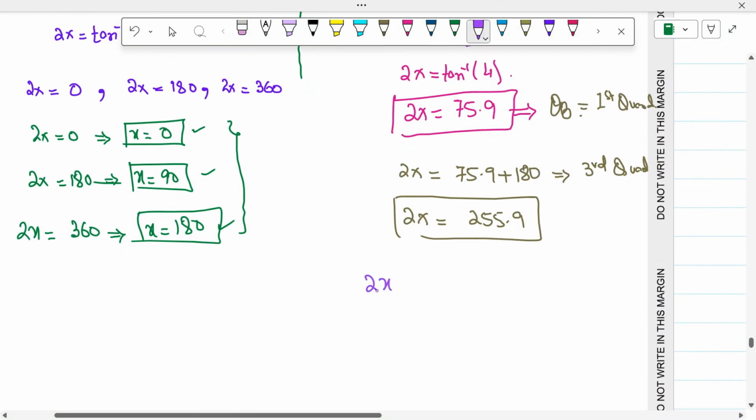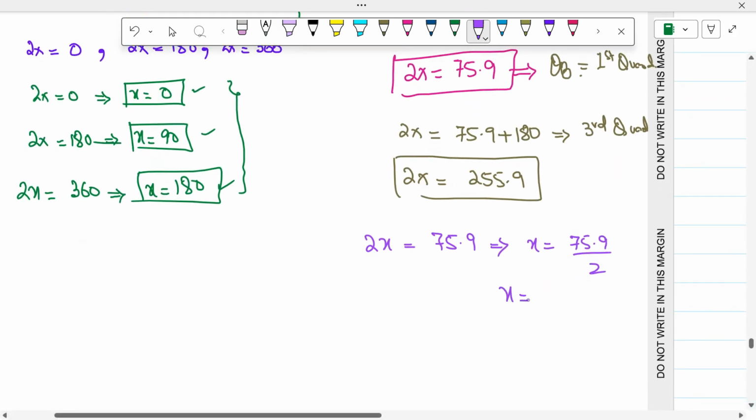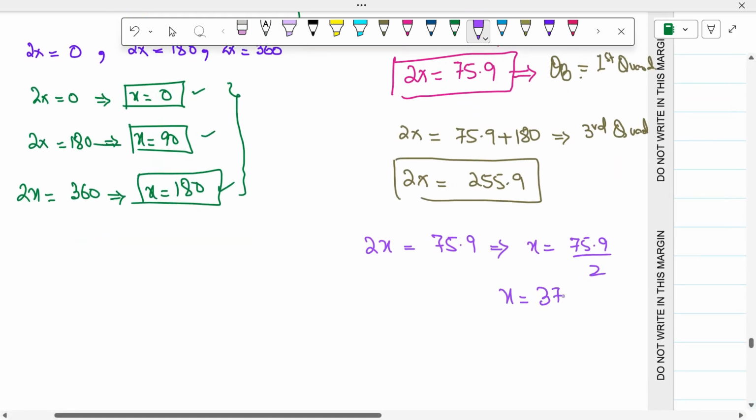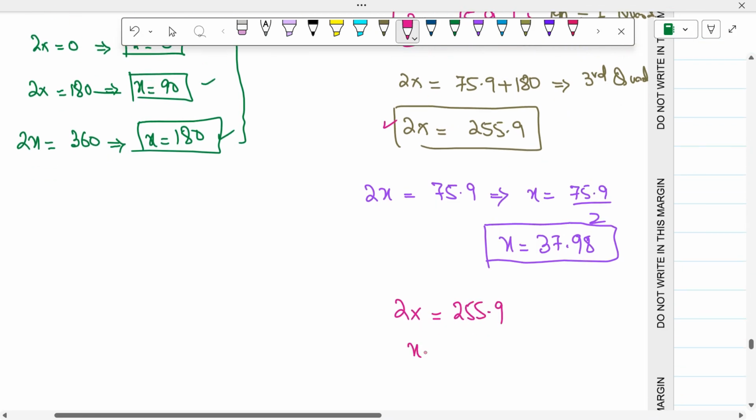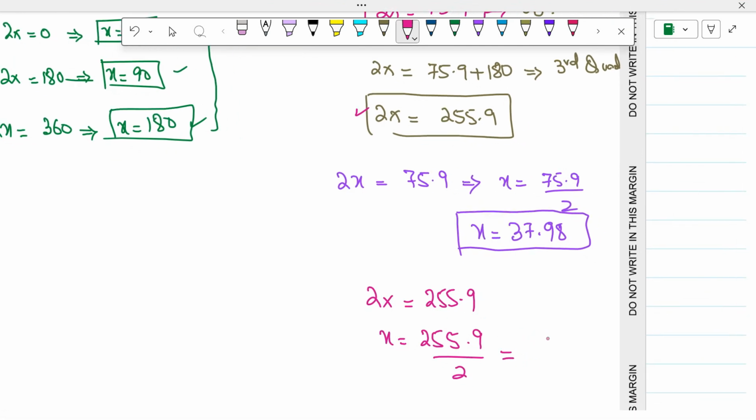So 2x is equal to 75.9, so x is equal to 75.9 over 2, which is 37.9. Similarly, we have another value, 2x equal to 255.9, so x is equal to 255.9 over 2, and this is equal to 127.95.